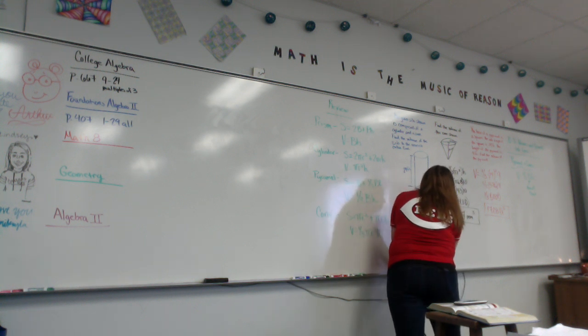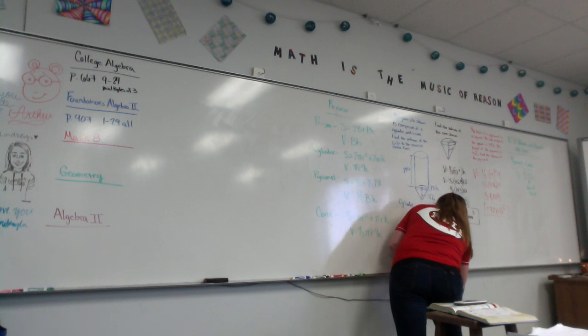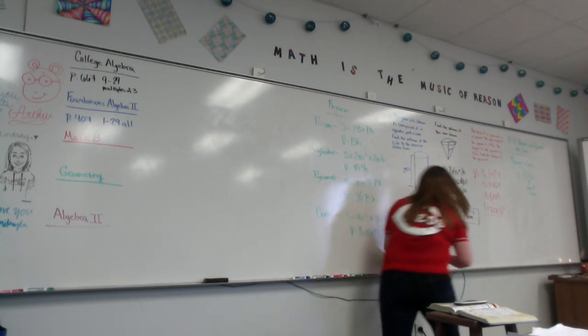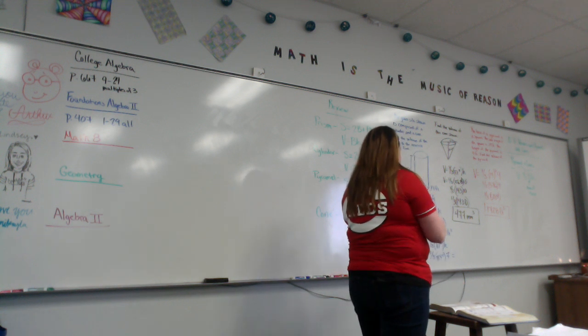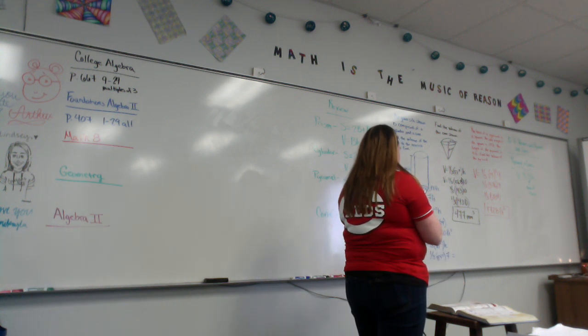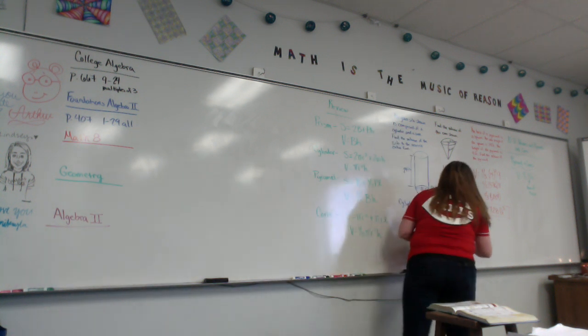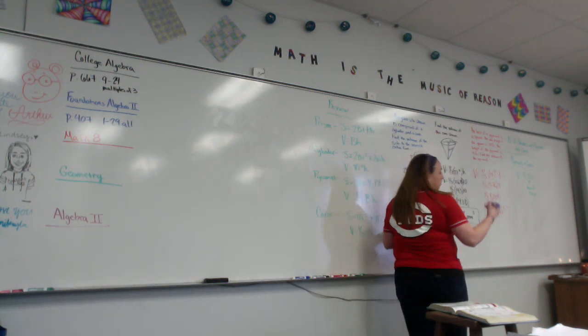We have this same part here, right? 1/3 pi times 9 squared. What's the height of my cone? 7. That's going to give me a different answer. What's that answer? 1,781.28.